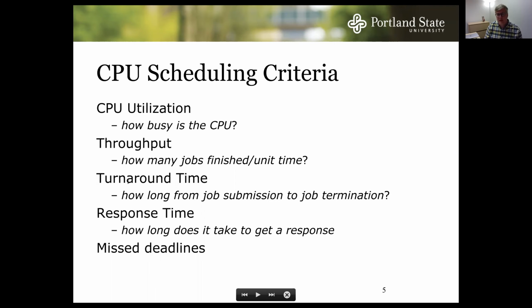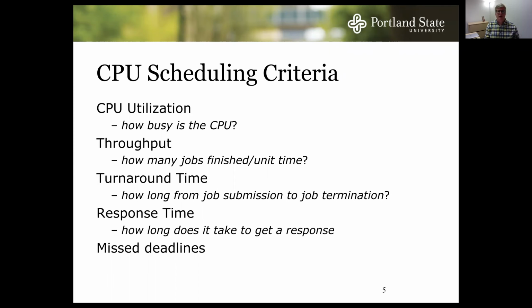Turnaround time is the amount of time it takes for a process to go from start to finish. That is, from when the job is submitted, the beginning, to job termination, the end. What's the average turnaround time for the processes in our system? And there's response time. Response time is a measurement of how long it takes from submission to actually get a first response back from the process.